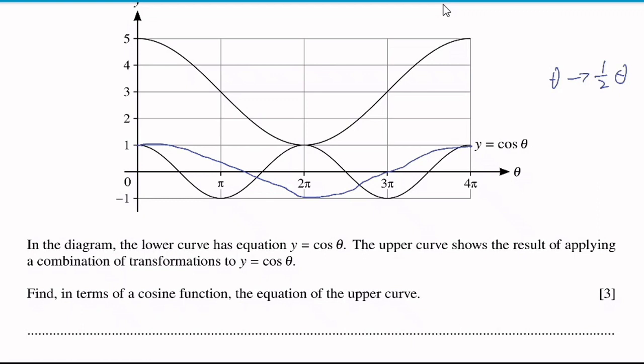The second step is, if you look at the upper curve again, what is the amplitude of the upper graph? The amplitude for the upper graph is becoming 2. So now we have got the graph which looks like this. Wait, sorry, let me just draw it nicer.